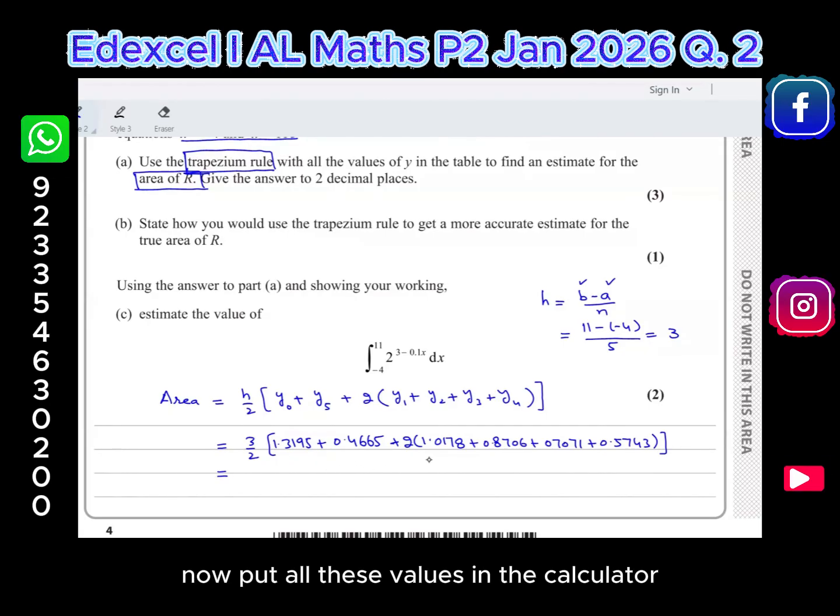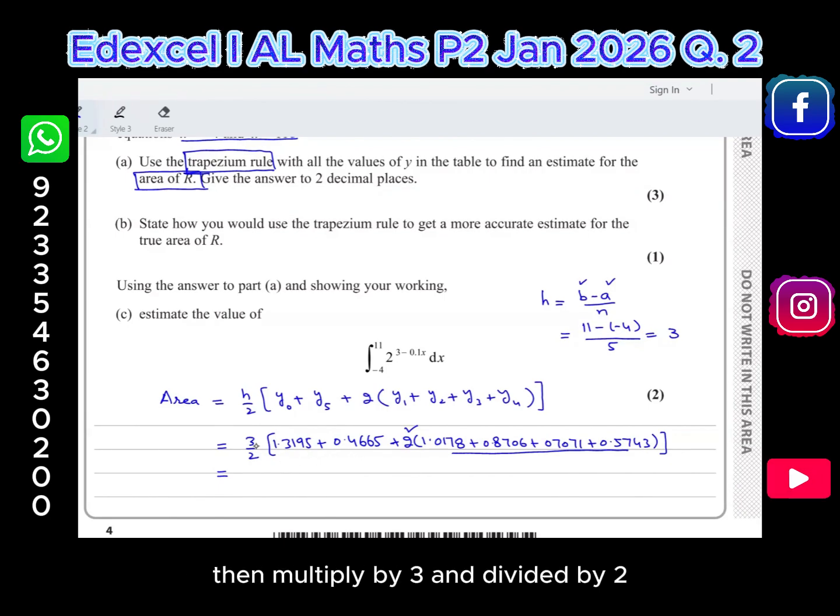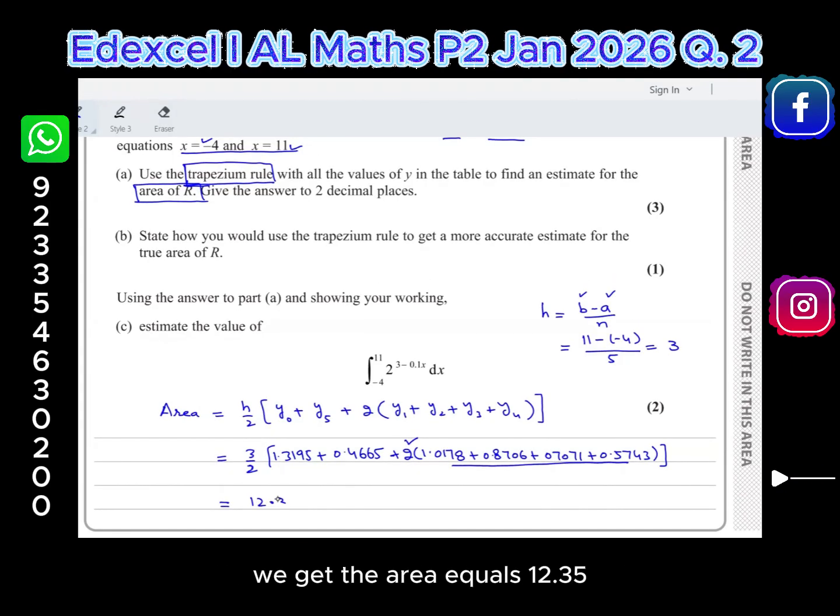Now put all these values in the calculator to get the answer. By adding all these values, then multiplying by 2 and adding these 2 values in the answer, then multiplying by 3 and dividing by 2, we get the area equals 12.35. This is the area of the shaded region up to 2 decimal places.